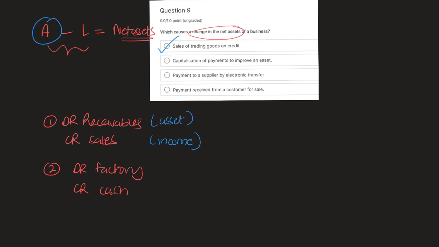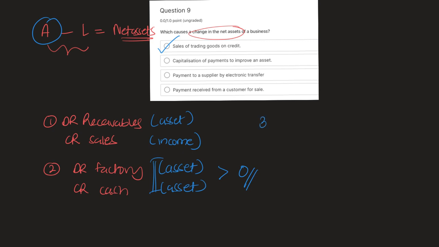Now, the factory is an example of an asset ledger. Okay, so we're going to have an asset category, and the cash is also an asset category. Now, if one side of this equation is increasing an asset but simultaneously also reducing an asset category, the net impact to net assets is 0. It cannot be option 2.